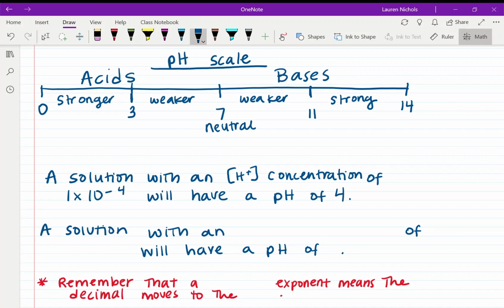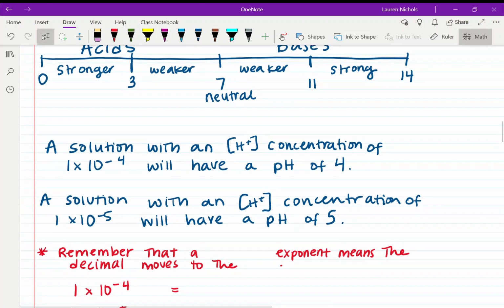Okay, but a solution with an H plus concentration of 1 times 10 to the negative 5 will have a pH of 5. And so the thing that I want you to understand is the relationship between the relative exponent and the pH, assuming that the number in front is a 1.